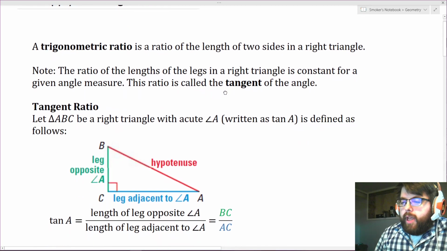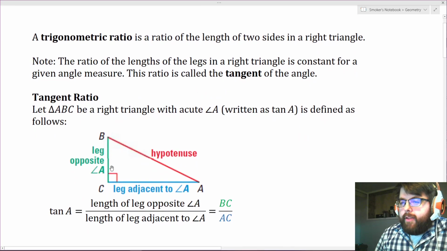So, for example, here visually we can look at this ABC triangle. We always have to ask ourselves, what angle are we looking at? What angle is our focus? If the angle focus is A, so tangent of A, then there are two legs, and we need to identify or separate those two legs.